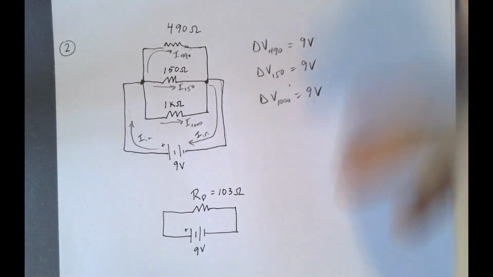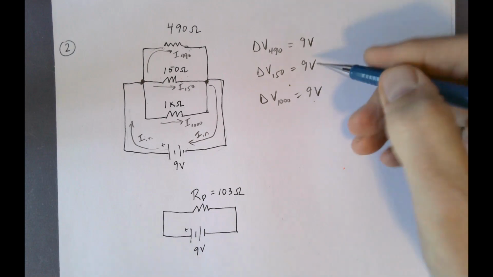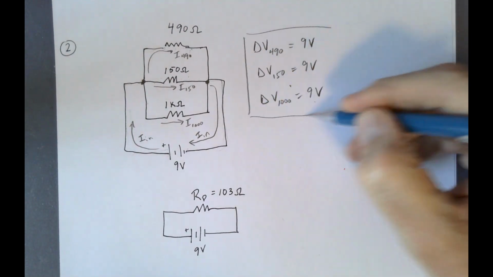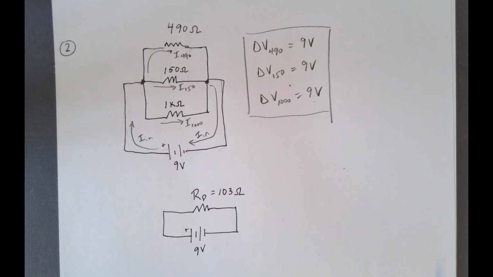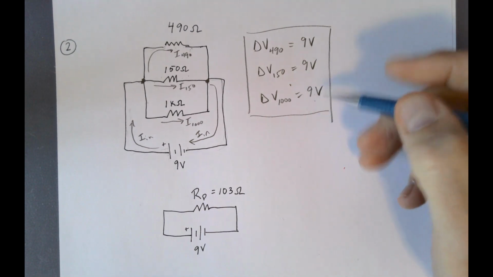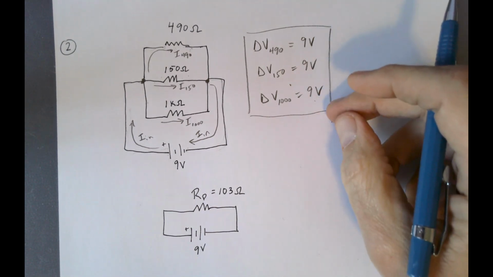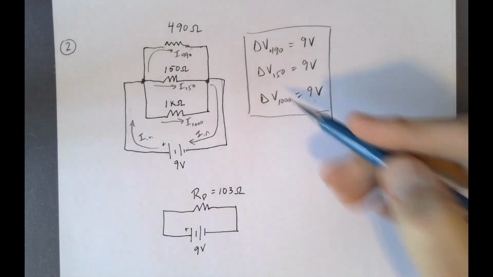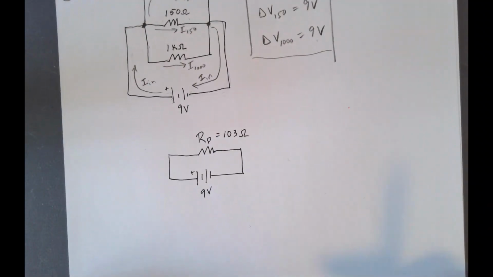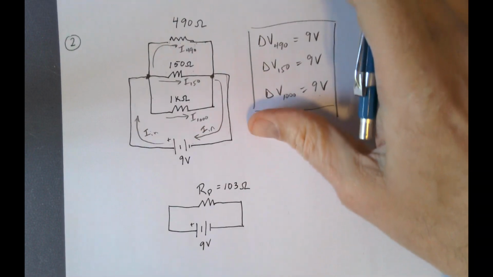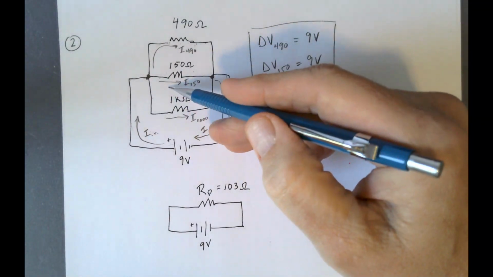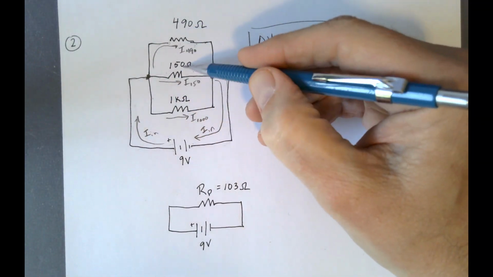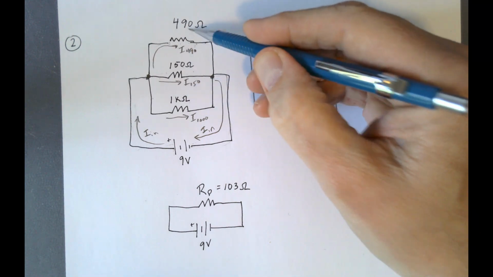Okay, makes sense? All right, so we've done the voltage part. That's kind of easy, right? So in one way, parallel is sometimes easier than series, because you can just look and calculate what the voltage is. But then we have the problem with the current. How much current is going to be going through each one? We can probably figure out a ratio of this to this to this, and that's exactly what's happening.